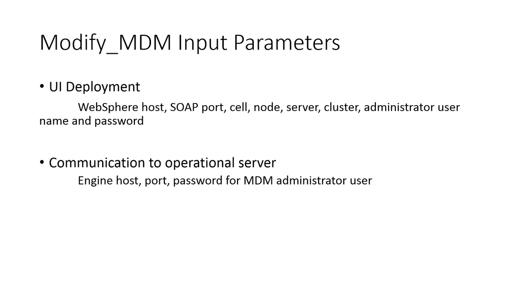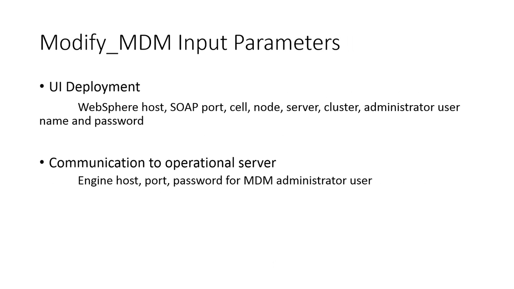These values can be categorized into those required for UI deployment and those required for communication to the MDM operational server. For UI deployment, details of the WebSphere application server host in which the UI has to be deployed, along with the SOAP port, have to be provided.